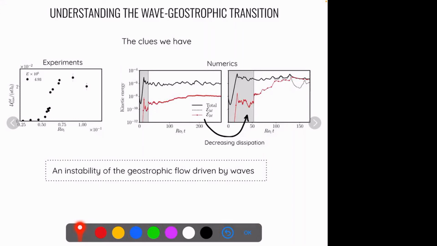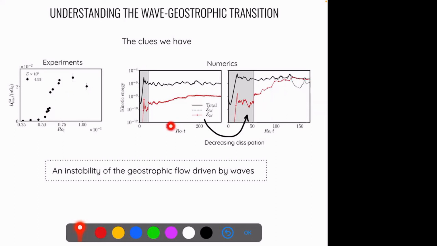Well, we have this experimental curve of the RMS of the mean flow as a function of the Rossby number. It looks like you're hitting here the threshold of some instability of the geostrophic flow that becomes unstable and grows and takes all the energy in the flow.